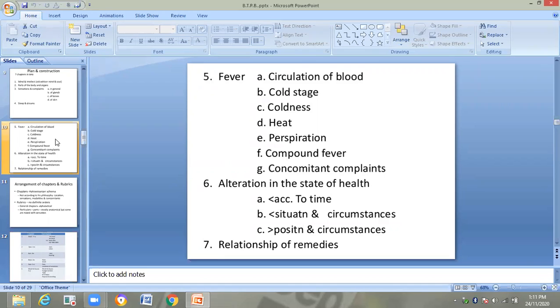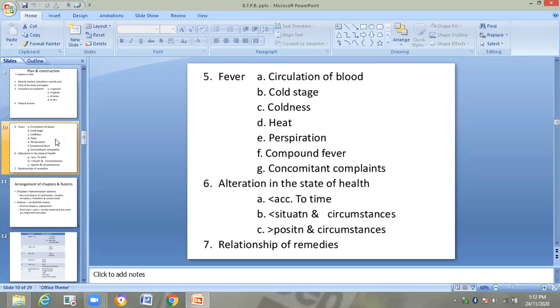So in this way, these are the 7 main parts or sections in this repertory, and under parts of the body and organs, there are 32 subchapters or sections, which are arranged according to the anatomical division of the body according to Hahnemannian scheme, starting from the head section and ending on lower extremities.